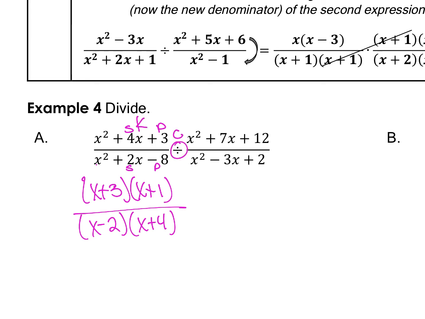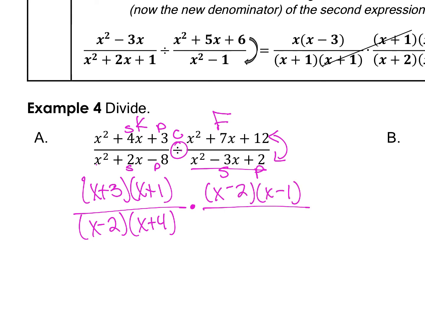I have to change my division to multiplication, and then I have to flip this fraction, which means this is now my numerator. So sum is -3, product is 2, so that would be -2 and -1. This is now my denominator. Sum is 7, product is 12, so that would be 4 and 3.